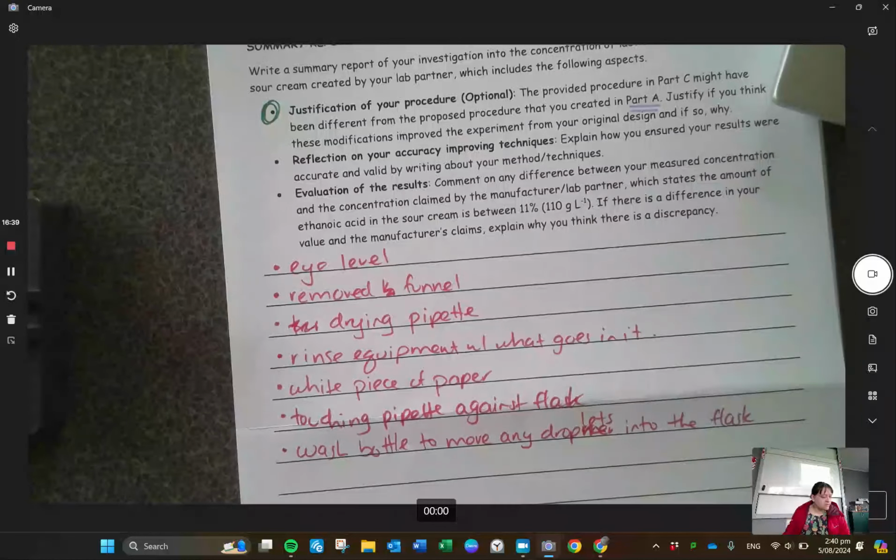Eye level, remove funnel, drying your pipette, rinsing your equipment with what goes in it, the white piece of paper, touching the pipette against the flask. I think that's it, actually.